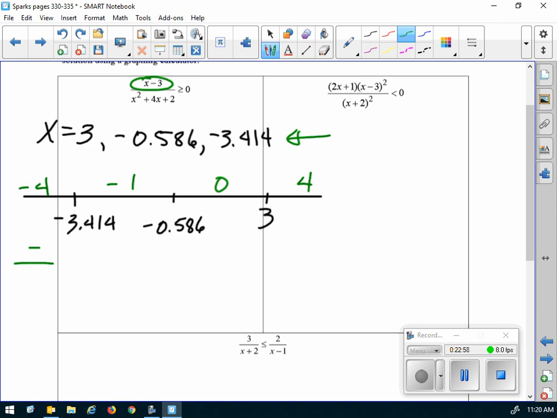Which is positive. And a negative divided by a positive is a negative. X equals negative 1. Numerator divided by, what's that, 1 minus 4 plus 2?